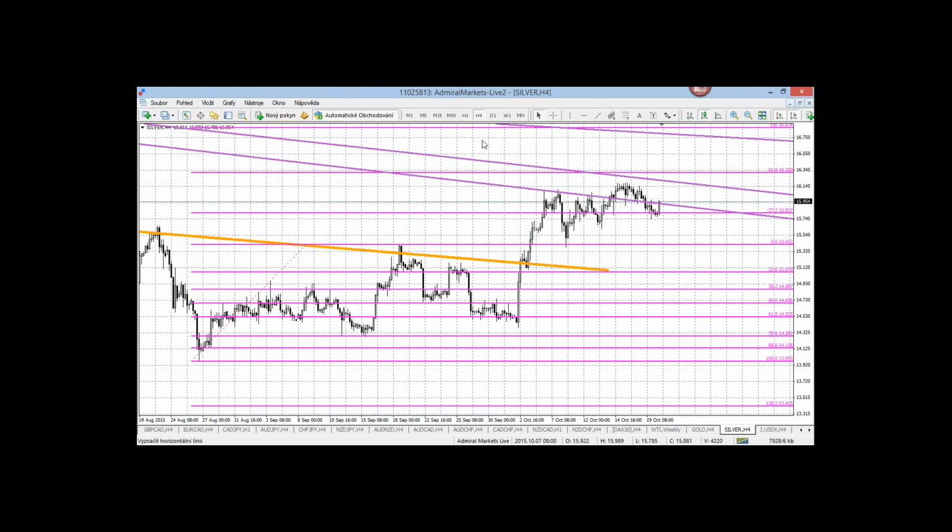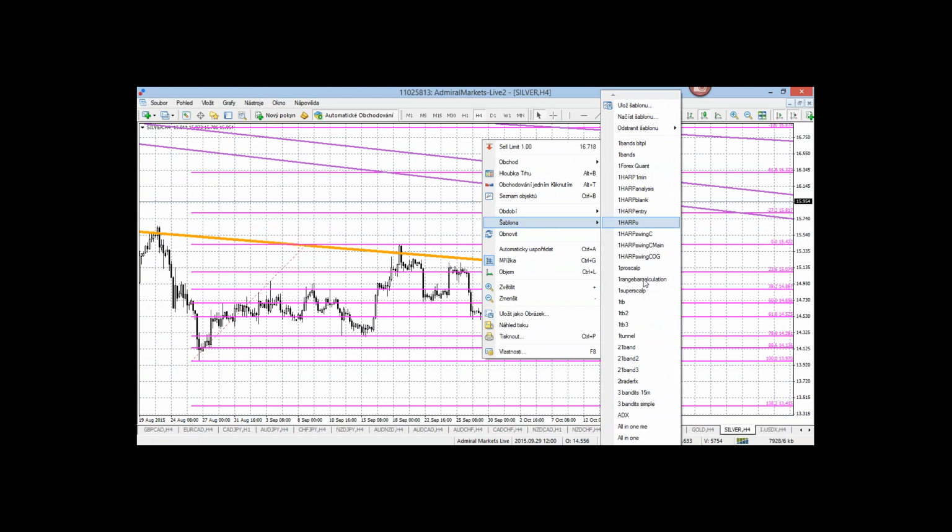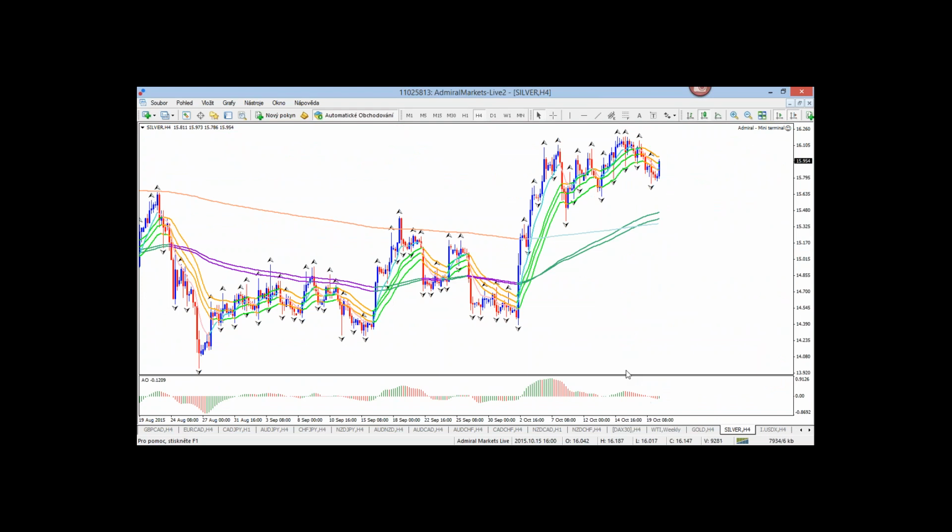It's probably divergence between these tops. Let me take a look. A bit of divergence between these 4-hour tops.